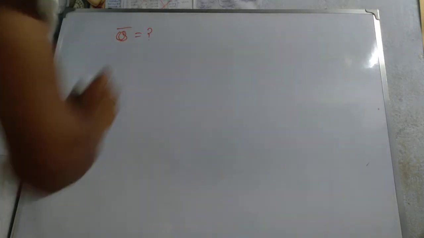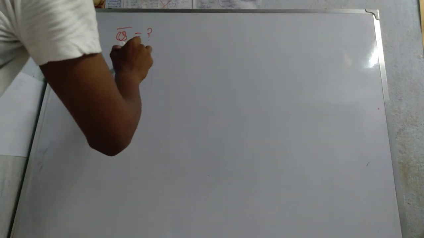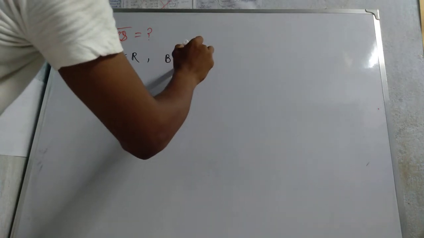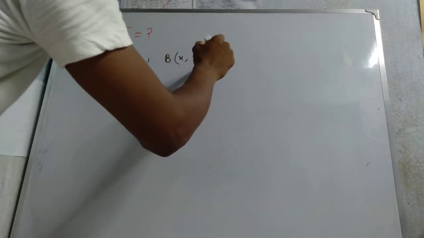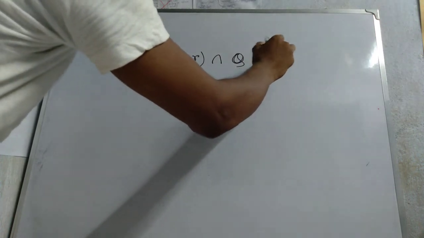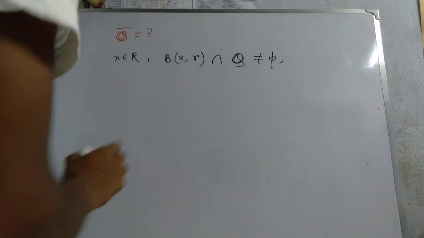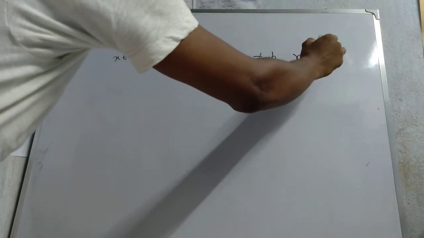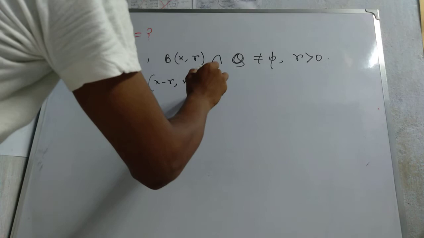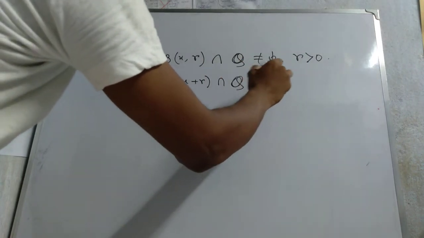We take any point x belonging to R. Then B(x, r) intersection Q is not equal to empty set, where r is greater than 0.